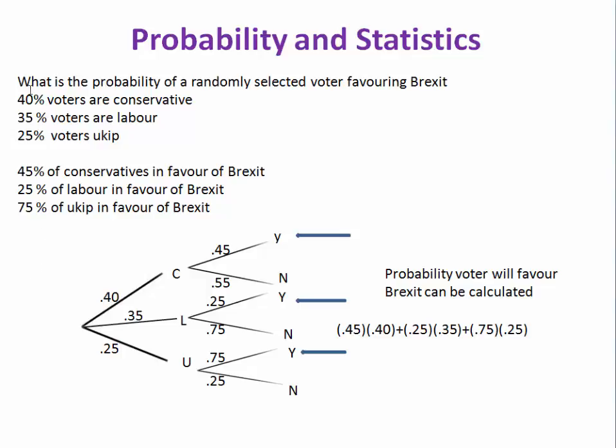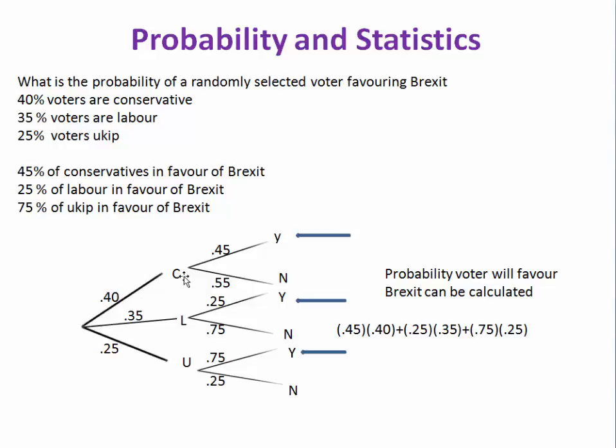Of this percentage of voters, 45% of the Conservatives are in favour of Brexit, 25% of Labour are in favour of Brexit, and 75% of UKIP in favour of Brexit. Draw our tree diagram. The percentages we can write as decimals, so 40% becomes 0.4, 35% 0.35, and 25% 0.25.